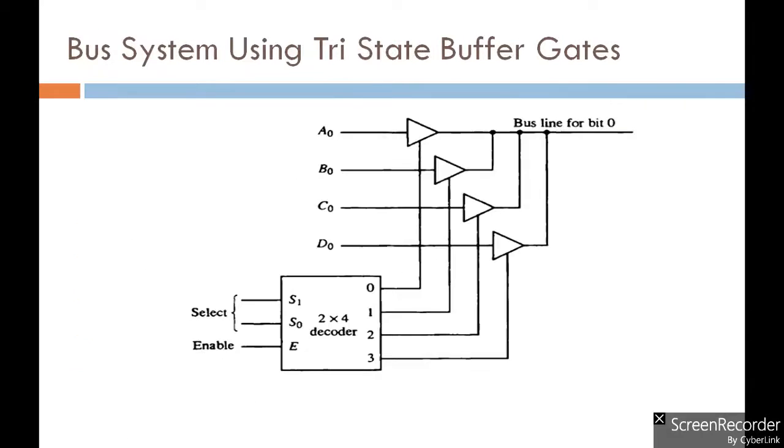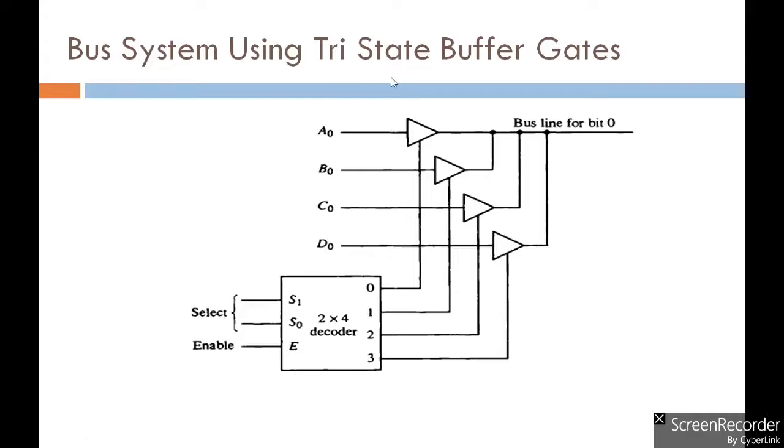Okay, so let's see how to transmit the data using tri-state buffer gate on a common bus line. So here we can see a 2x4 decoder which is used to get the selection of the particular input to transfer the data onto an output line.